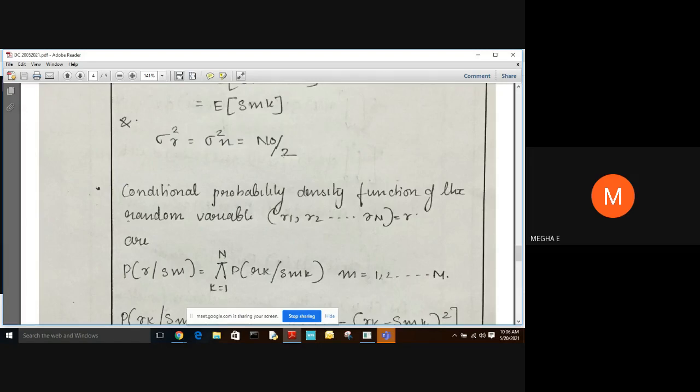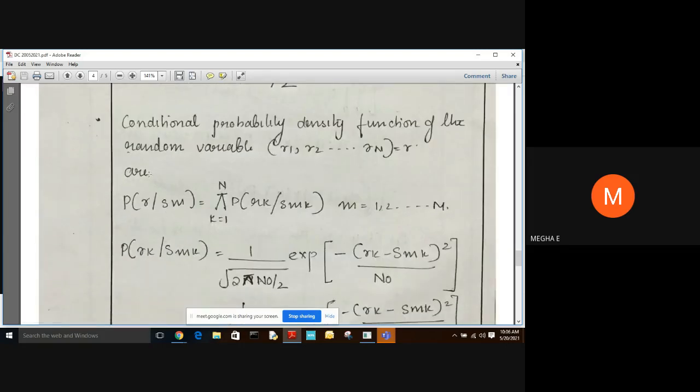Hence the conditional probability density function of the random variables R1, R2, R3, up to Rn, equal to the vector R, is P of R given Sm, which is the product over k equal to 1 to n of P of Rk given S mk. Here m takes values 1, 2, 3, up to M.